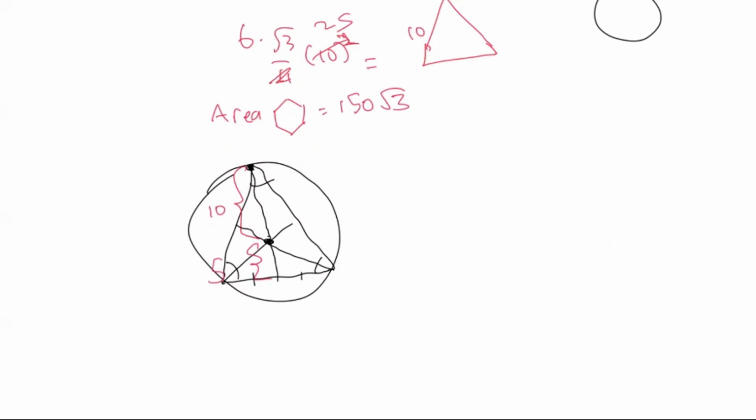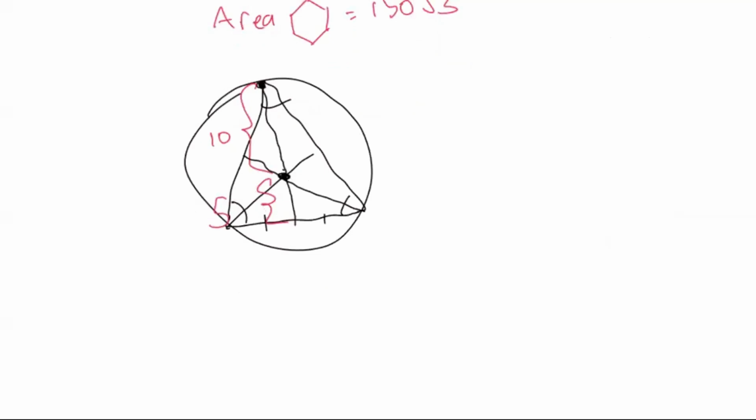We don't have time to derive it today, but you can explore that. I'm sure there are many videos on YouTube for that. But here we have 10 and 5, and so we know that the height of the equilateral triangle has to be 15. If the height is 15, we can find the area of the equilateral triangle.